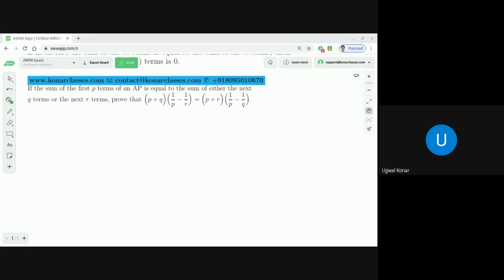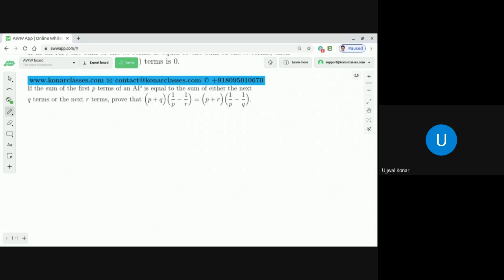See, the way to proceed is that you always need to first assume what the first term is and what the common difference is. Correct, no? So let's take A to be the first term and D to be the common difference. Correct, dear students?